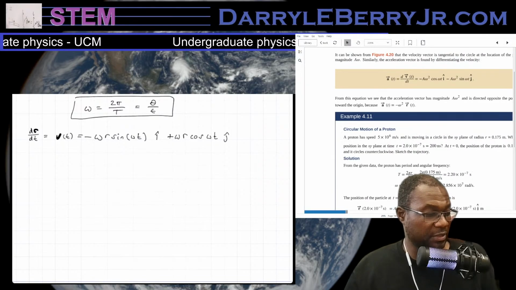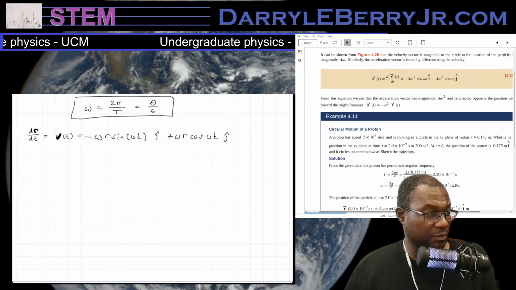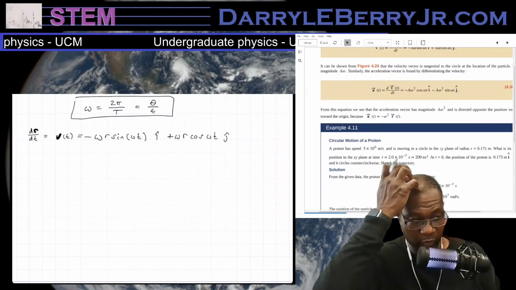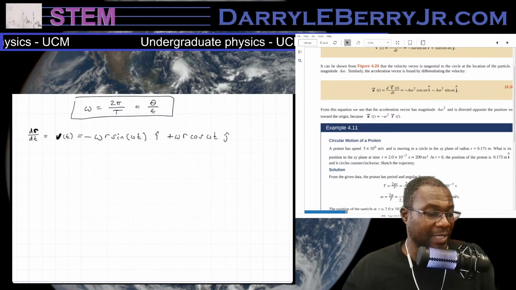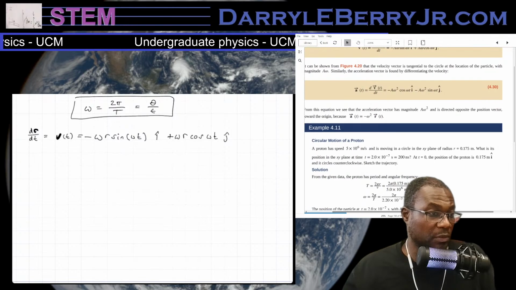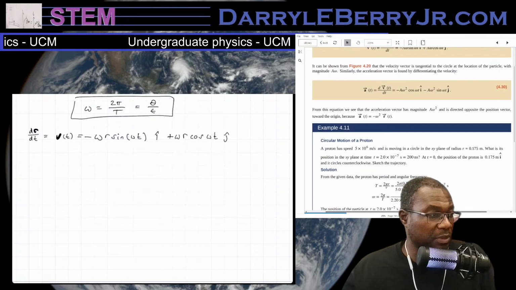It can be shown from figure 4.20 that the velocity vector is tangential to the circle at the location of the particle with magnitude r omega. From this equation, we can see that the acceleration vector has a magnitude.